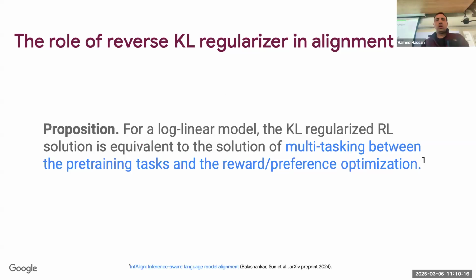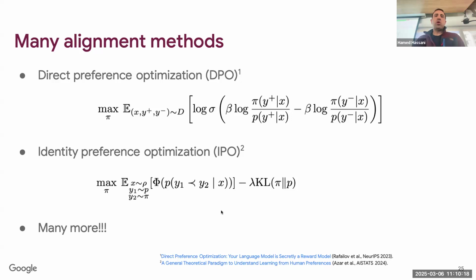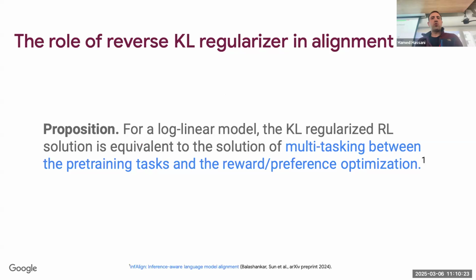Okay, so what is the role of this KL regularizer? I think that's the question that you asked. If you're familiar with model distillation, you may have a large model that you want to distill into a small model.